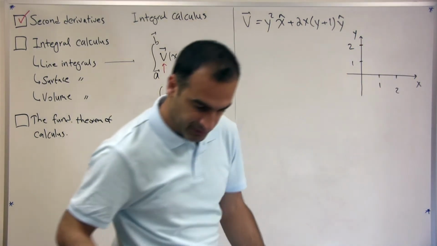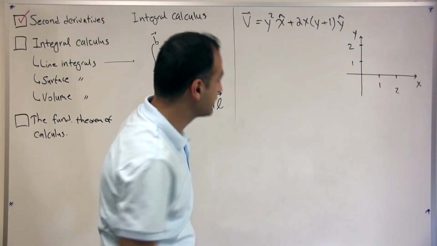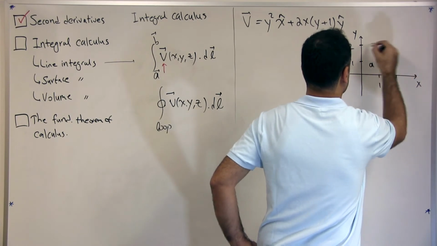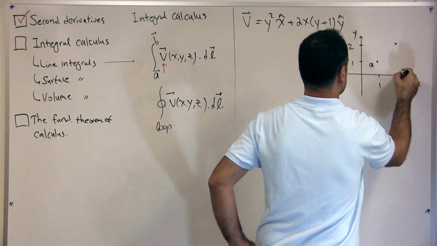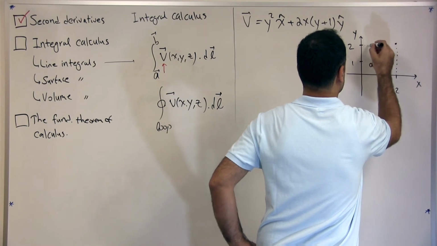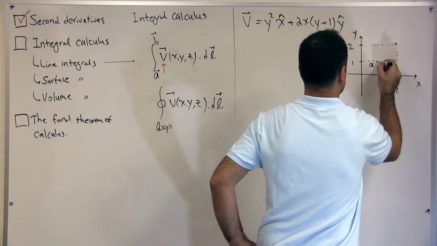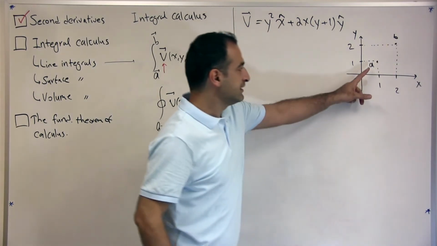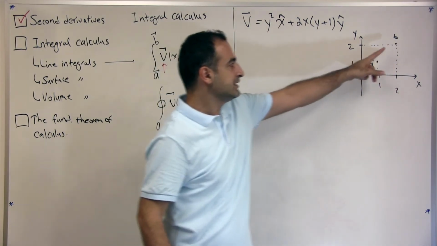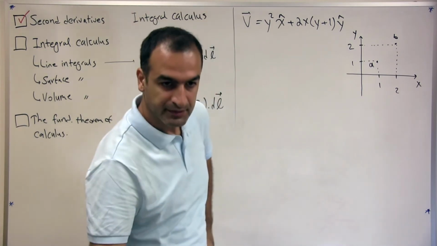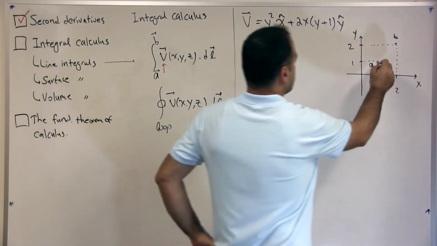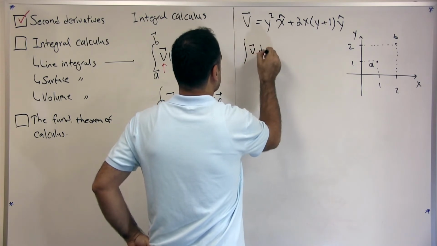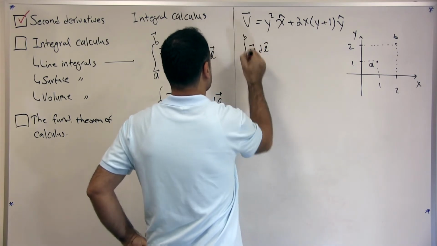So the question says we are going from one point A to point B. So A is at (1, 1), B is at (2, 2). We are going from A to B. We want to do this integral of V dot dl from A to B.